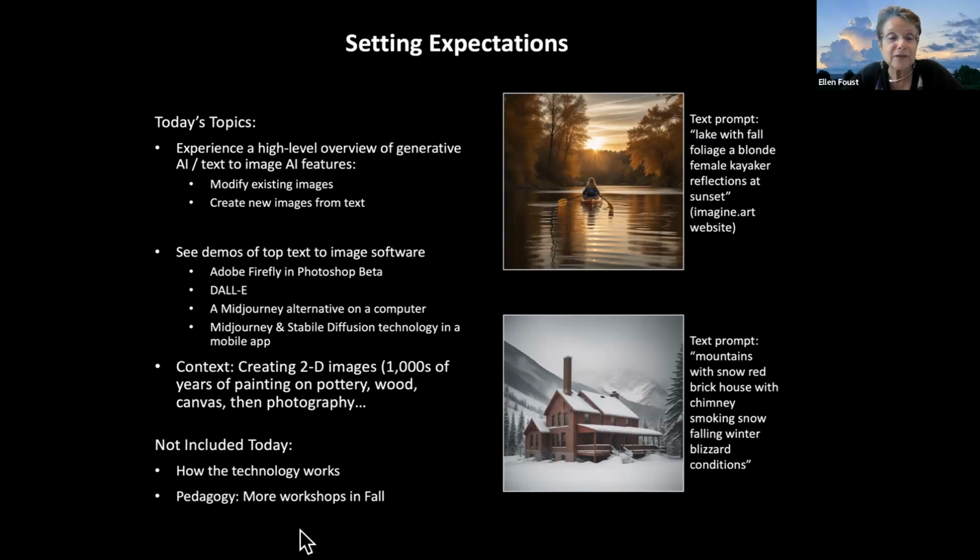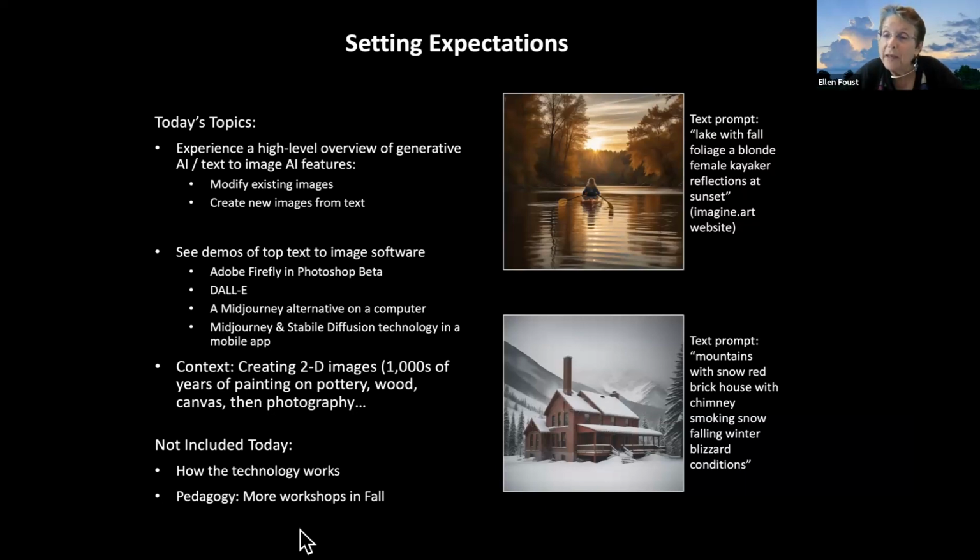The context: I told you I was a photographer. I'm also actually trained as an art historian. That was my first career. I taught art history. So I'm looking at this and presenting it to you in the context of creating 2D images. How do we create two-dimensional images?